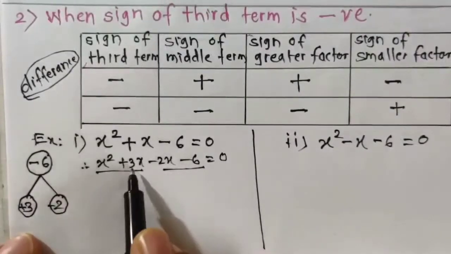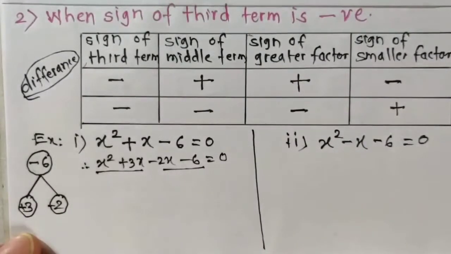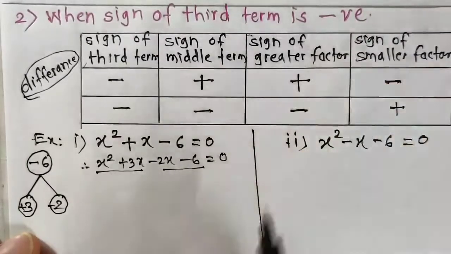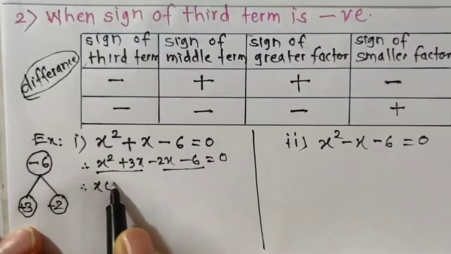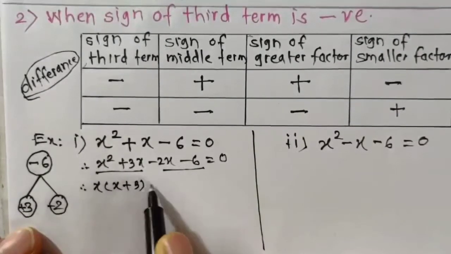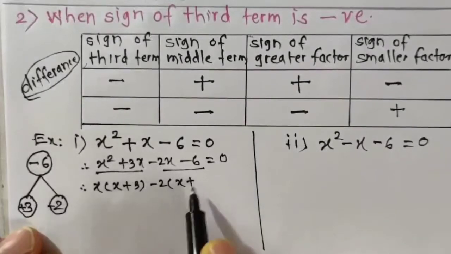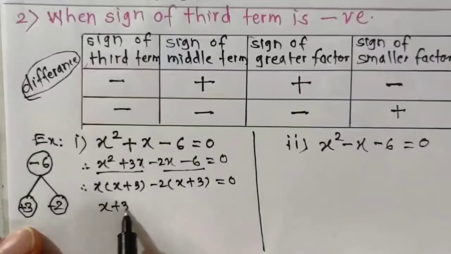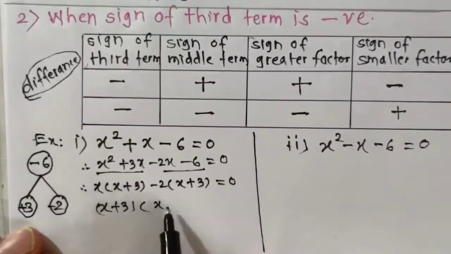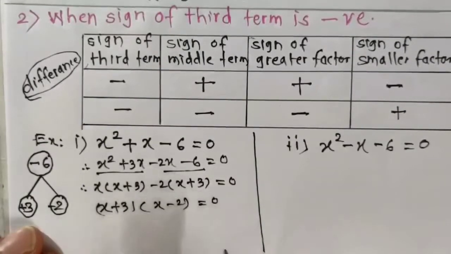Now 3x minus 2x we get x. So the difference of those two is equal to the middle term. And again, find the common factor: x into bracket x plus 3, minus 2 into bracket x plus 3 is equal to 0. Now x plus 3 is one common factor and x minus 2 is the other common factor.